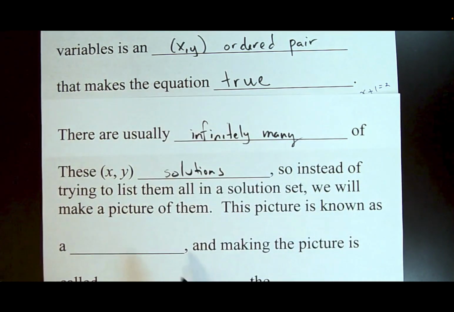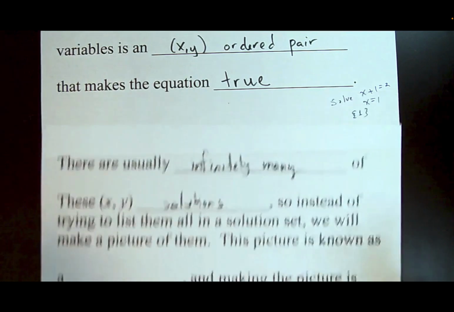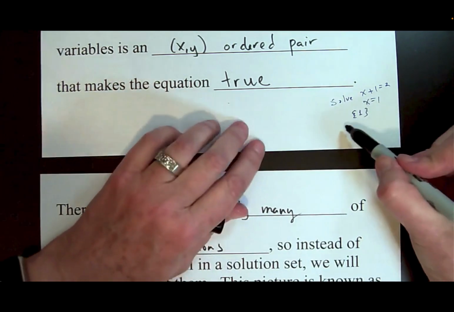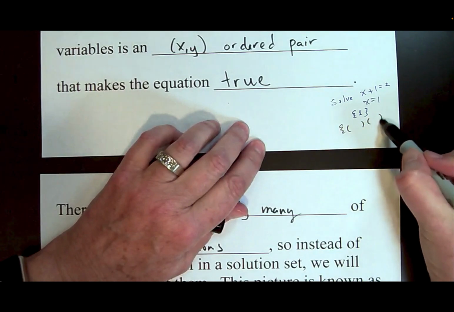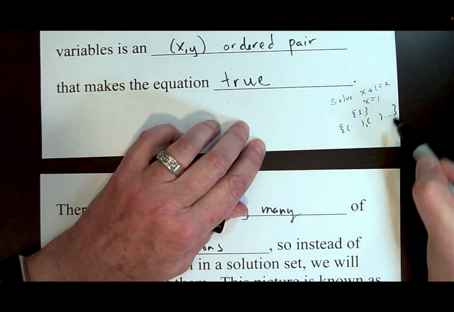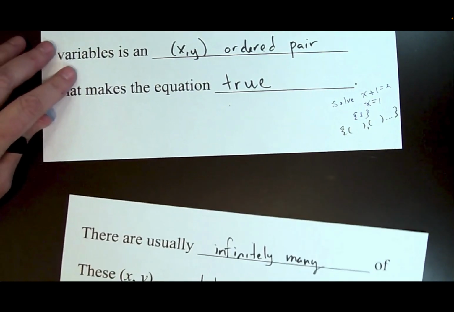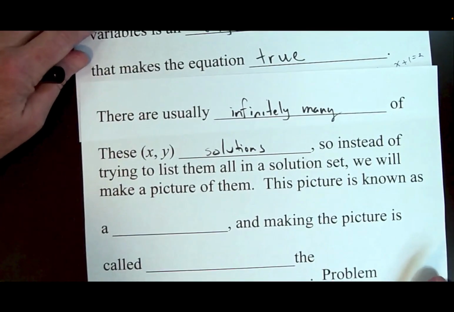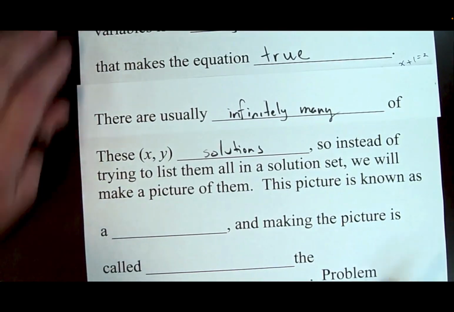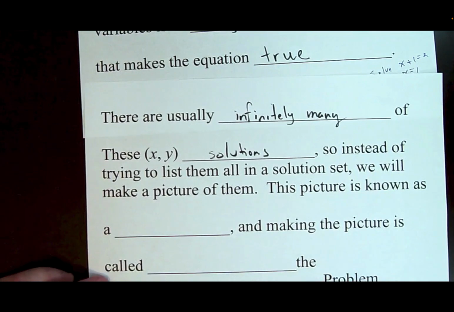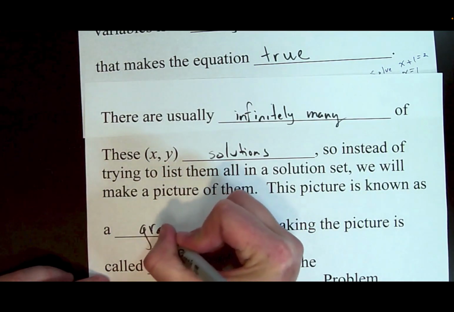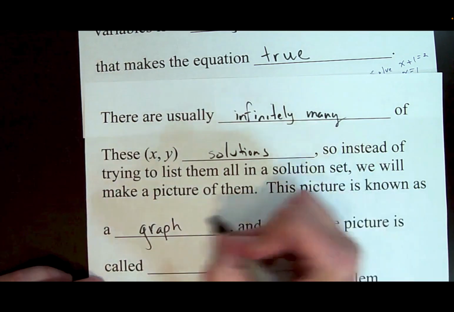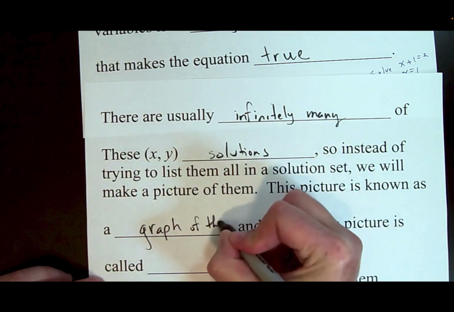So instead of trying to list them all in a solution set, because there would be infinitely many xy pairs in there, what we'll do is make a picture of the solution set. This picture of the solutions is known as a graph of the equation.